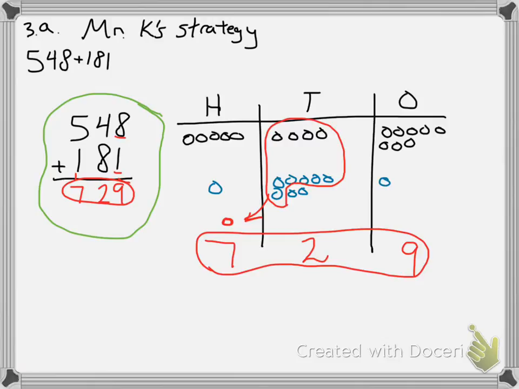Because you don't have to draw out the place value chart, as well as you don't have to figure out some funky way to get 548 plus 181 using the arrow way, because it's just awkward numbers to do that with.